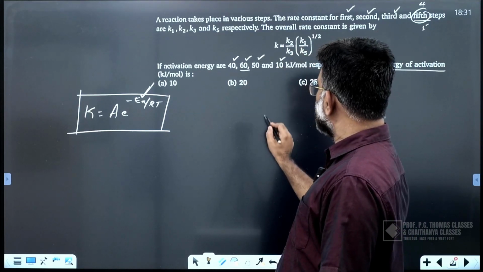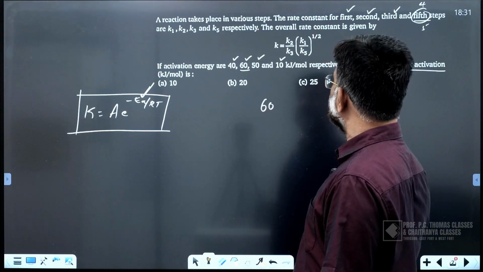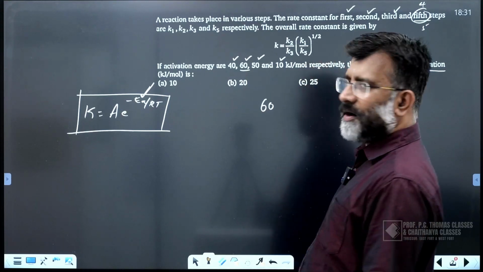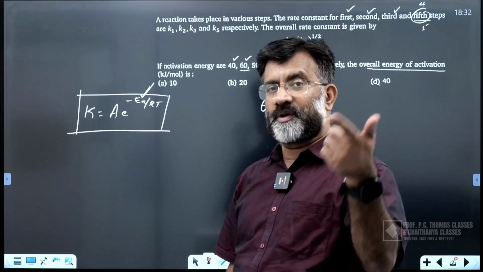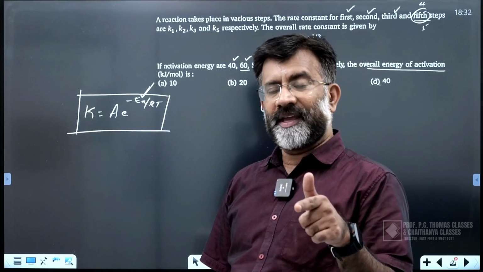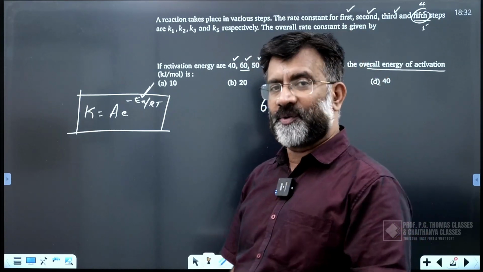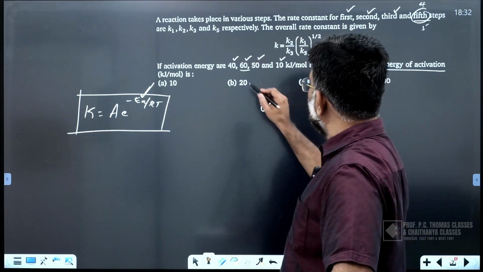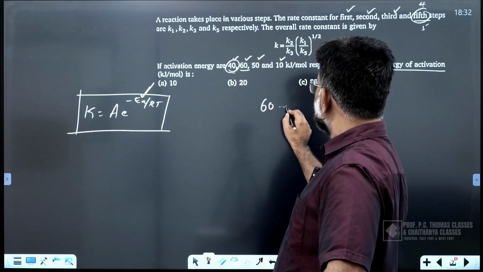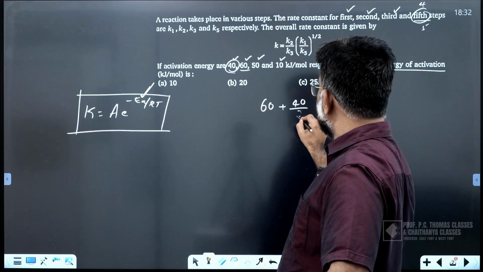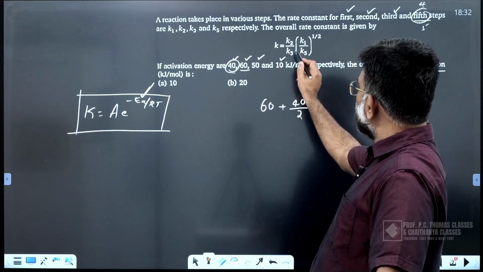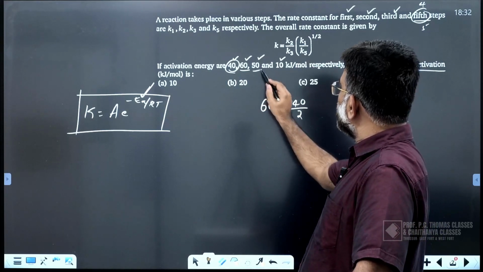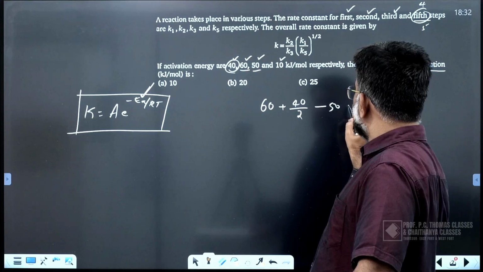So here we have K2. K2 means EA2, I am taking 60 as such. Then there is K1 raised to half. K1 raised to half means root K1, which will be EA1 by 2, so plus 40 by 2. Then K3 means 50, so it is minus 50.